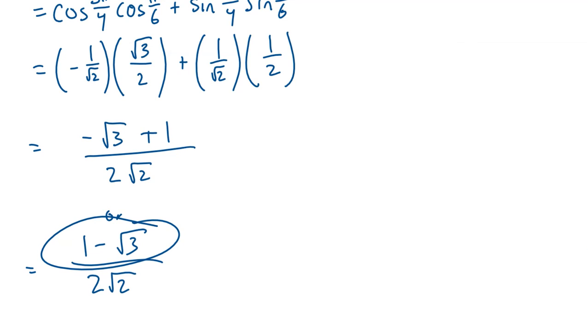Sometimes writing it 1 minus root 3 is a little bit simpler than negative root 3 plus 1. So often computer software will kind of write it that way, but that doesn't matter. You don't have to rewrite it, but you should be aware that if you are looking at your answer compared to the answer at the bottom of the page or in the solutions, the numerator might just be flipped, okay? But it's the same thing.